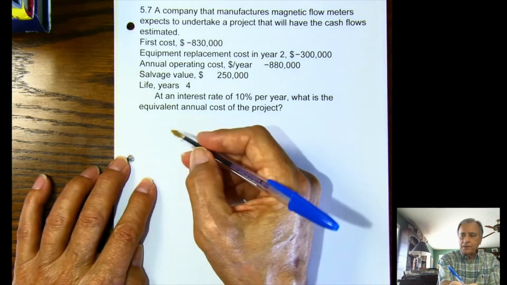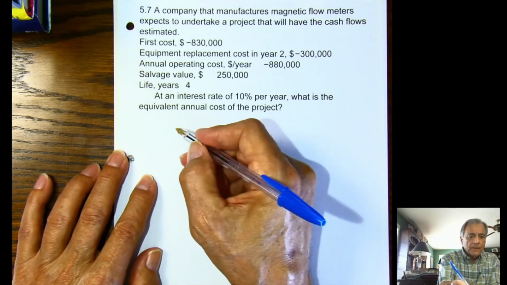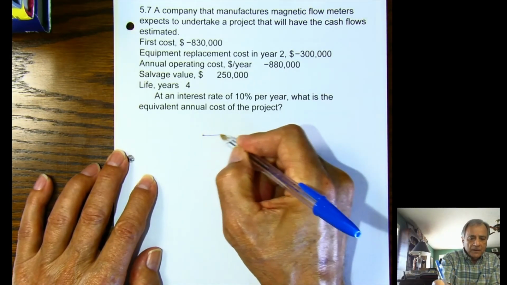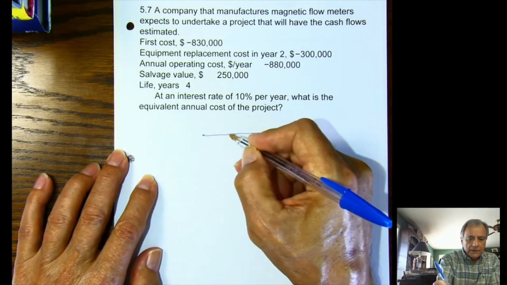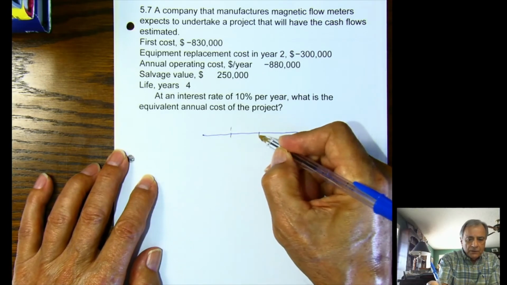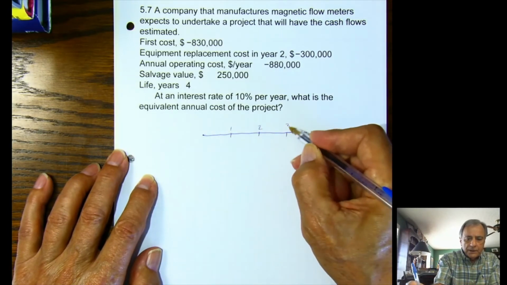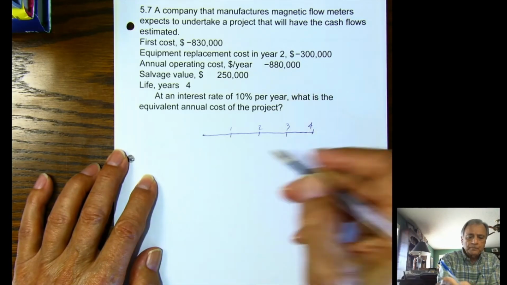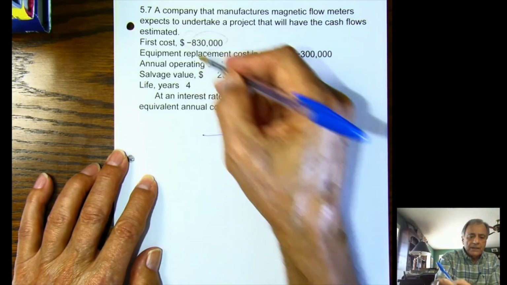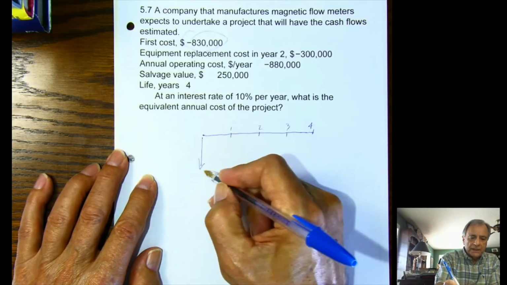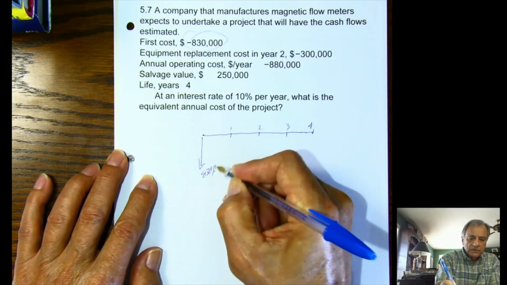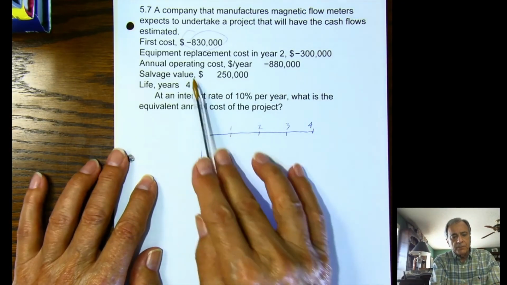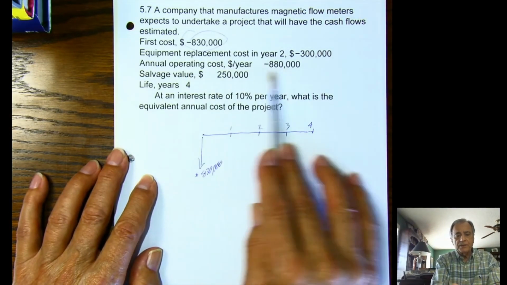Let's draw up the cash flow as we always do. So we've got basically 4 years here. I'll go 1, 2, 3, 4. The initial cost is $830,000, so we'll put that here. That's a single cost. Then I'm going to put this next because that's a uniform series.